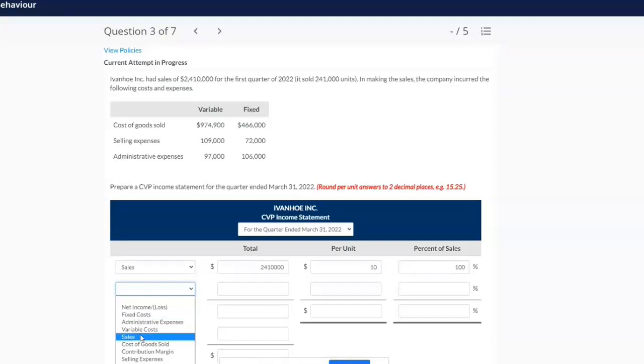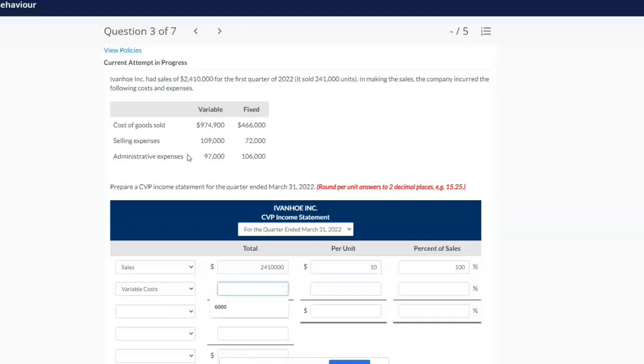Variable cost. The total should be the total, right?